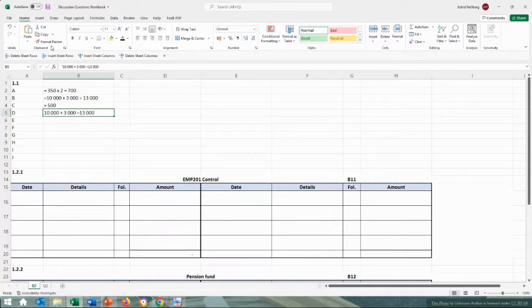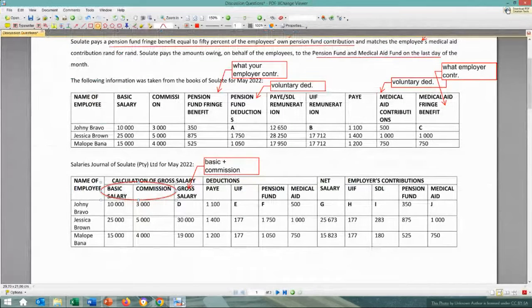So it's exactly the same calculation as B, which we did for the UIF remuneration, even though it's different amounts. Because we did not include the fringe benefit here, the fringe benefit is included under your employer's contributions. Okay, so then they ask you, what is the UIF that we will have to pay for Johnny Bravo?